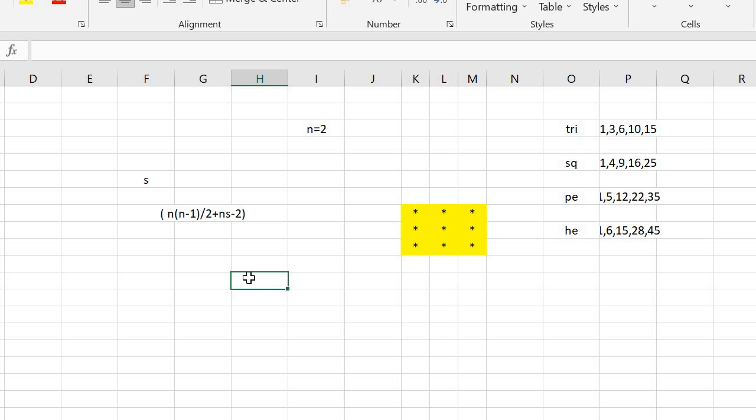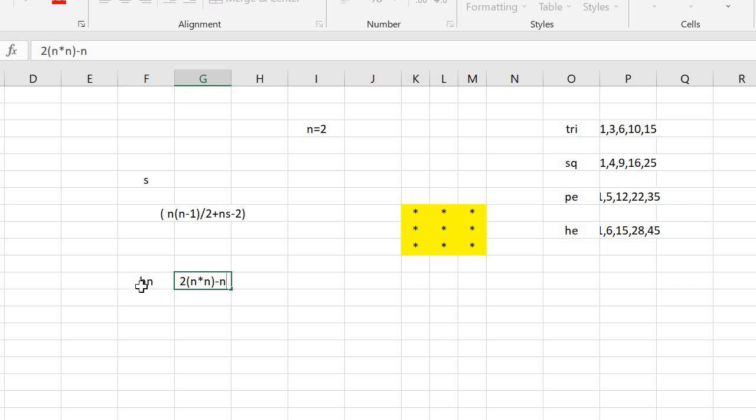If we put S equal to 6, we get the hexagonal number. That was for the pentagonal; similarly, to get the hexagonal number, we have a formula: 2 into n into n minus n.